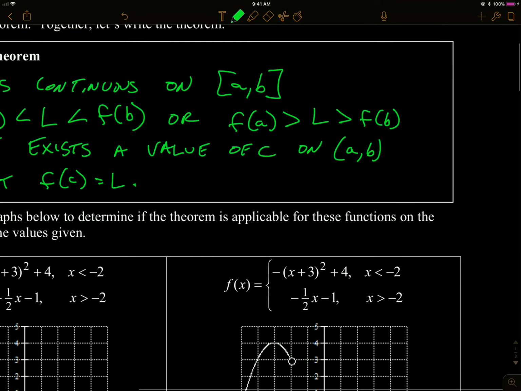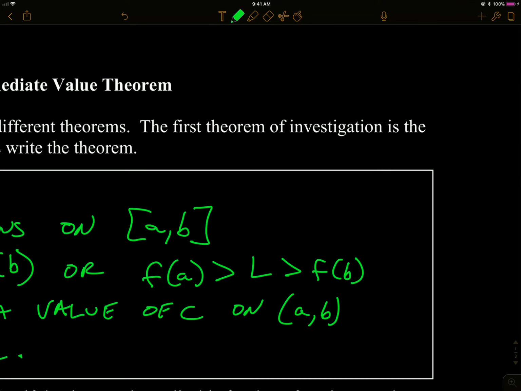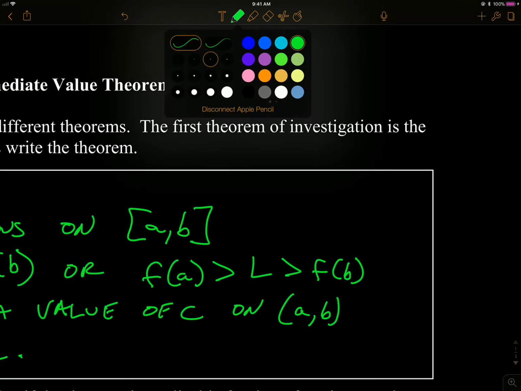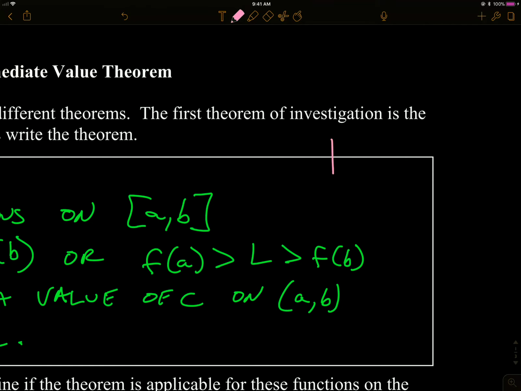So if I make a picture to go along with that, I have some room up here. Of course this makes sense, but let's talk about it. It means that we've got some interval from a to b, and I'll do the situation where it's higher for a.